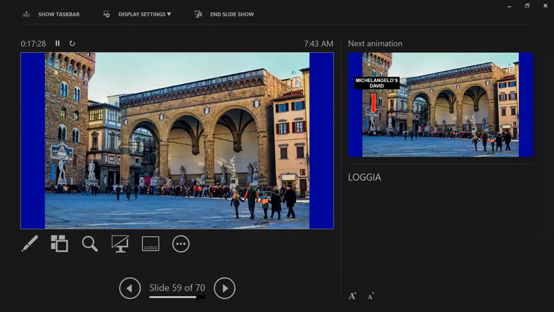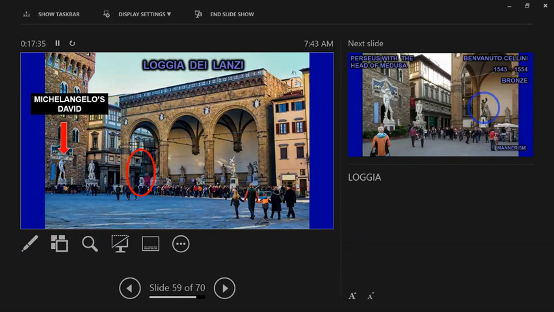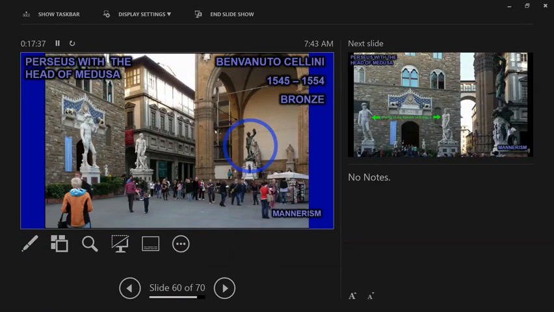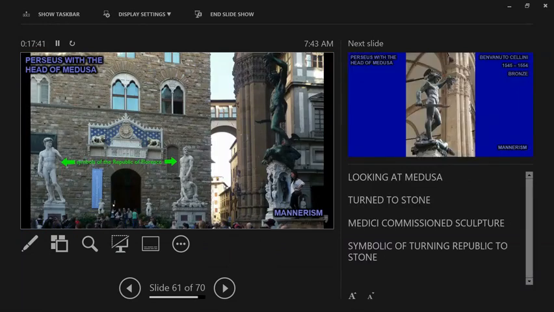So we're going back to the Loggia. We're going to go right next to Michelangelo's David. We have this sculpture right here. It is Perseus with the head of Medusa. Over here, he has the statue of David, and then there's this statue of Hercules right here. And those are the symbols of the Republic of Florence.